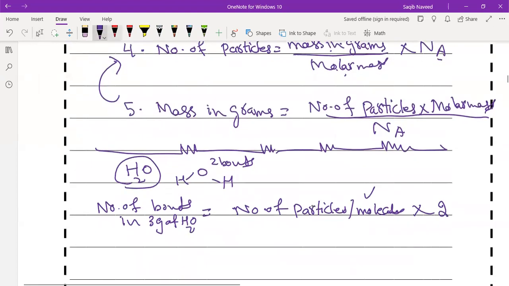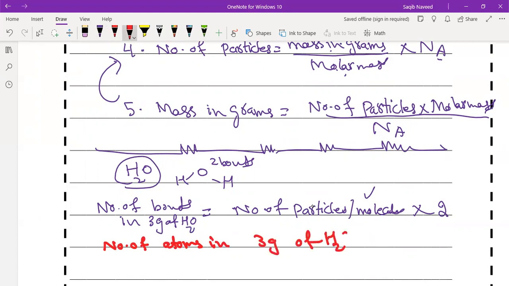Let's suppose the examiner asks, okay, write the number of atoms in 3 gram of water molecule. So how are we going to calculate for 3 gram of water? The formula would be the same but with minor difference. So number of atoms in 3 gram water.